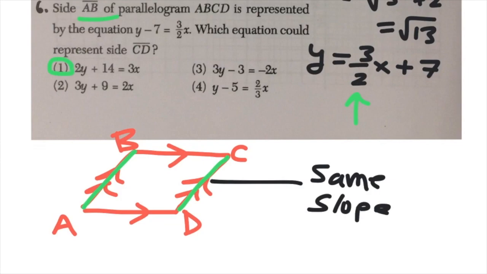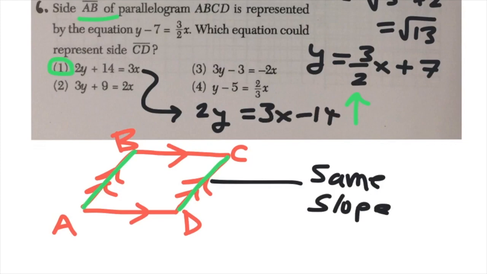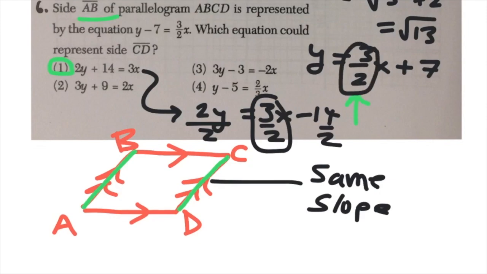And the way I can tell that is by getting y alone. So in that equation, if I get y alone, I would be subtracting 14 from both sides. And then dividing by 2. And that would give me a slope that's matching the slope of AB. That's the only one that has a slope that's 3/2.